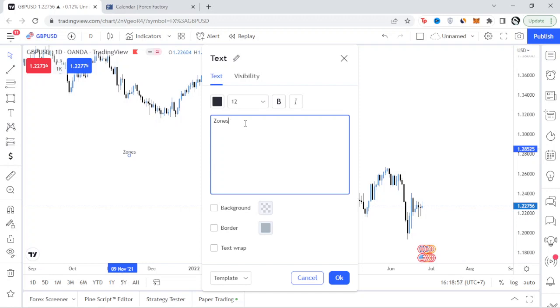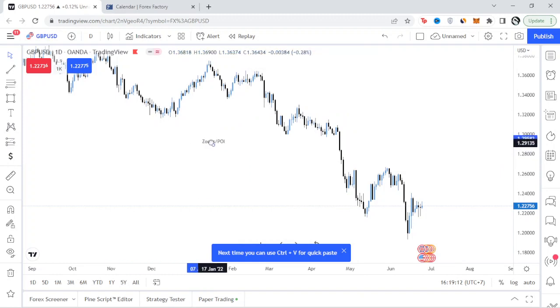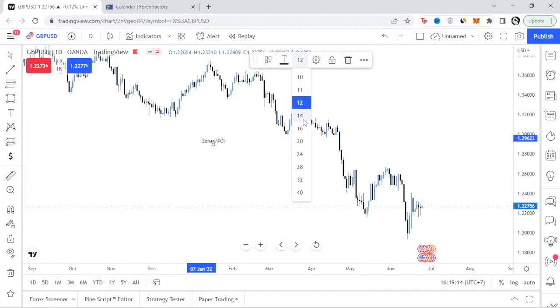incoming zones slash POIs, because most people do call them POIs, most call them order blocks, some call them, you know, they're all still the same thing, but it all just matters how you pick your zones. Let me increase this.